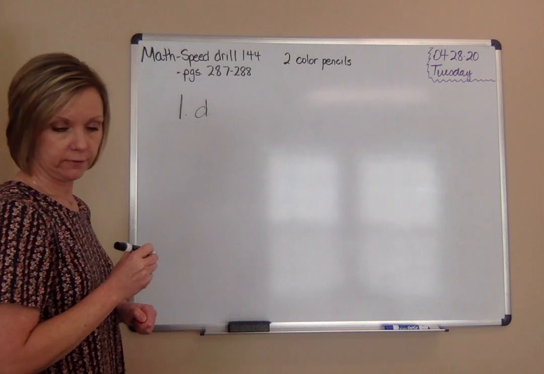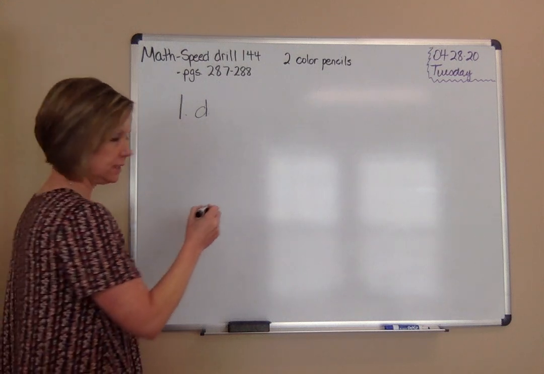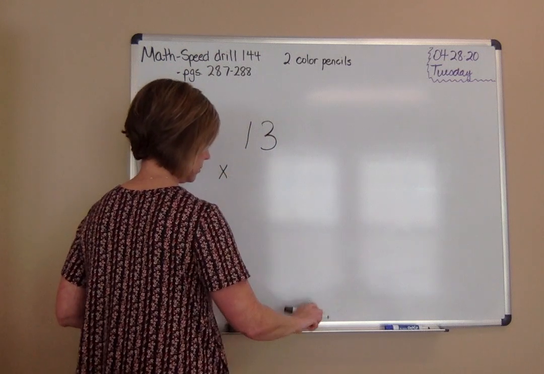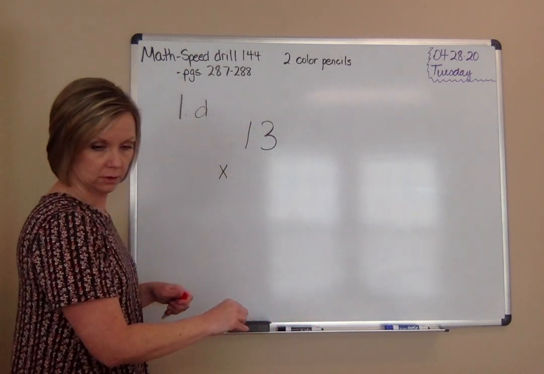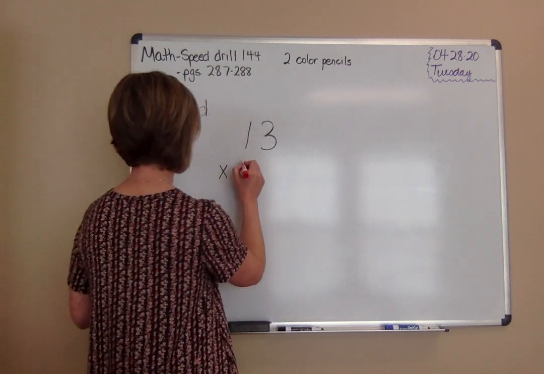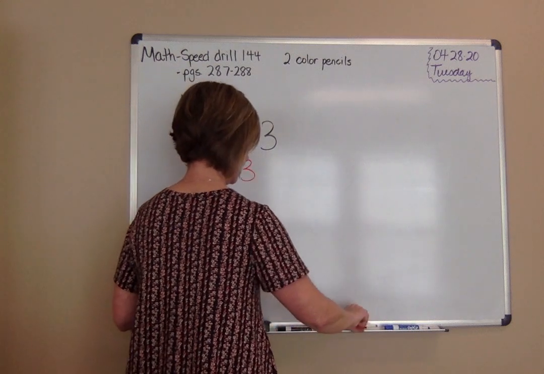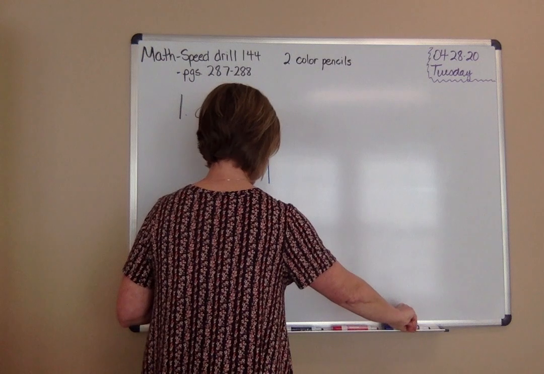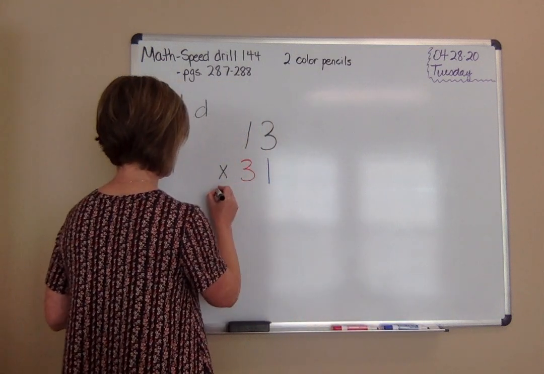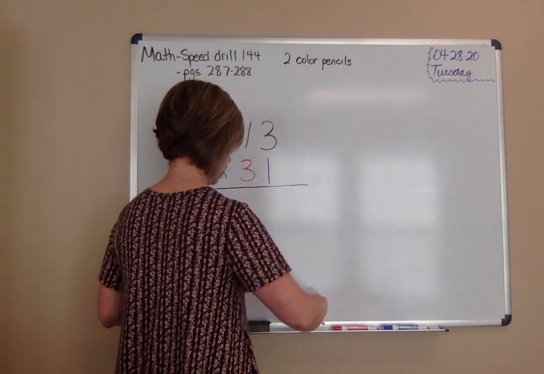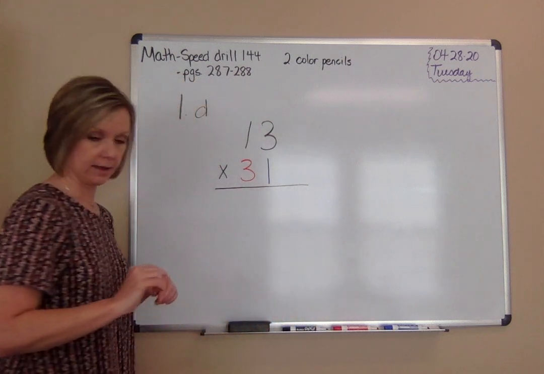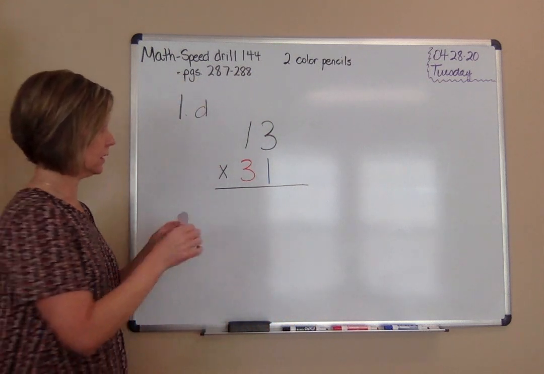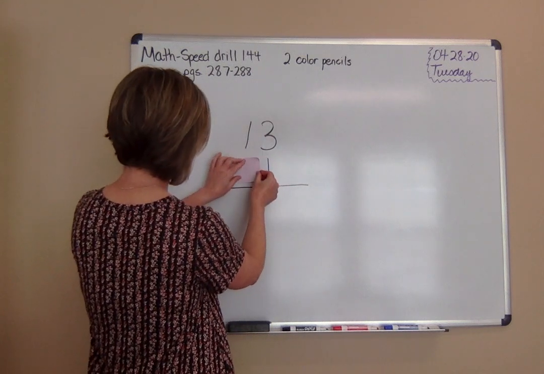So we have 13 times 31. All right, so let's go to work. I want to cover up my 3 here, my red 3.